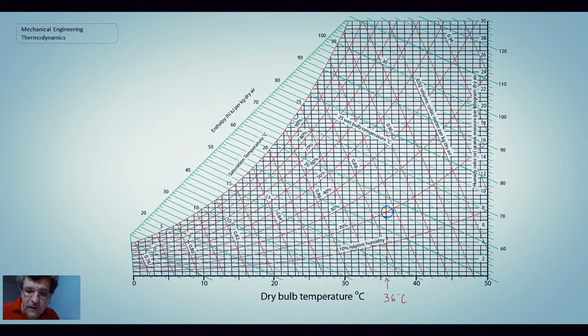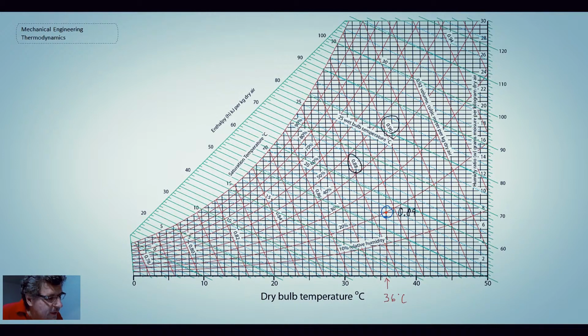Now I'm going to strip off a couple of values here. First of all, the specific volume of the air. Specific volume lines are the red lines that run up and to the left. We have 0.88 and then 0.90, and we can see that we're about halfway between 0.88 and 0.89.